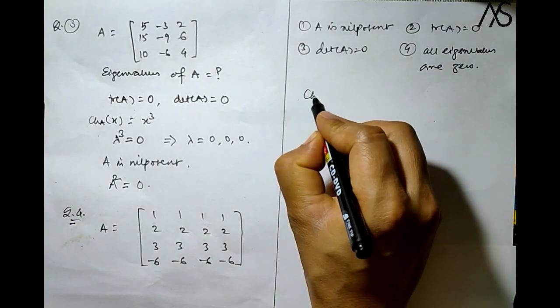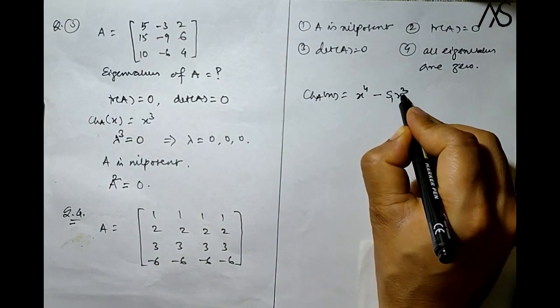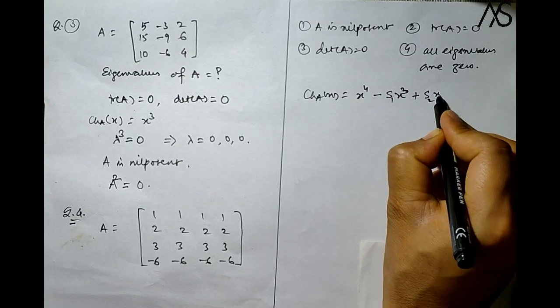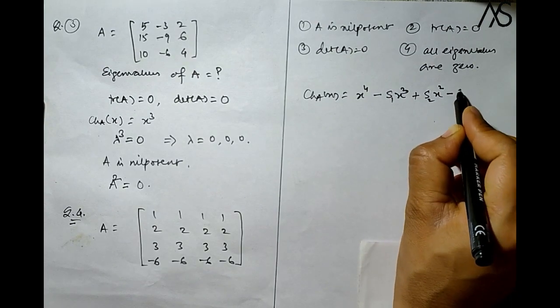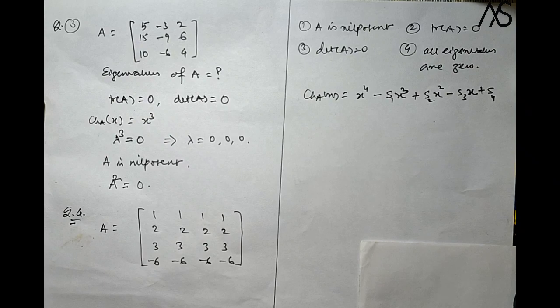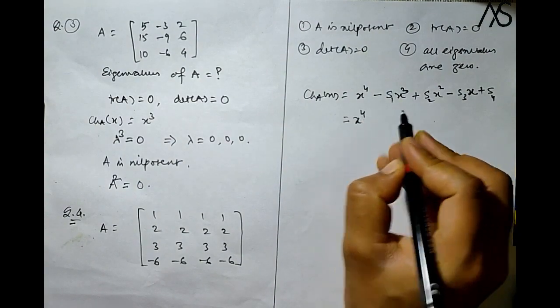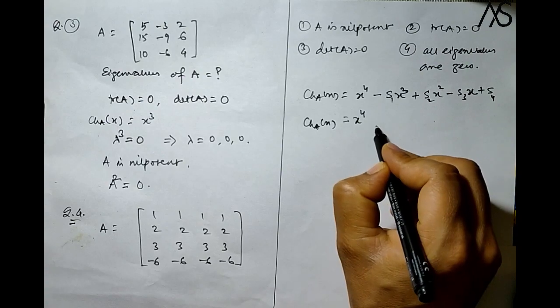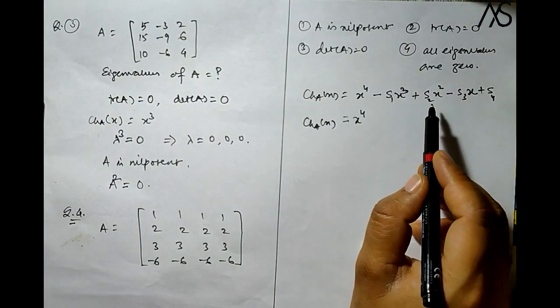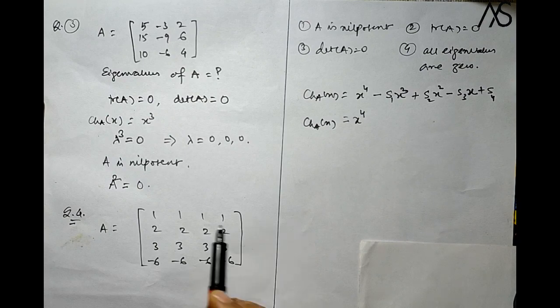तो हमें पता है द कैरेक्टरिस्टिक इक्वेशन ऑफ द मैट्रिक्स A इज इक्वल टू x to the power 4 minus s1 x cube plus s2 x square minus s3 x plus s4, where si is the sum of the minors of order i. so यहाँ से हम easily देख सकते हैं x to the power 4, and s1 is 0 because the sum of all the diagonal entries is 0, and s2 is 0 because all the principal minors of order 2 are 0, hence the sum is 0.